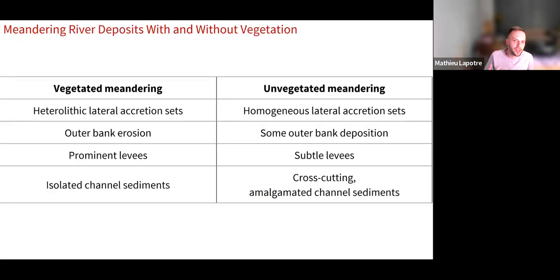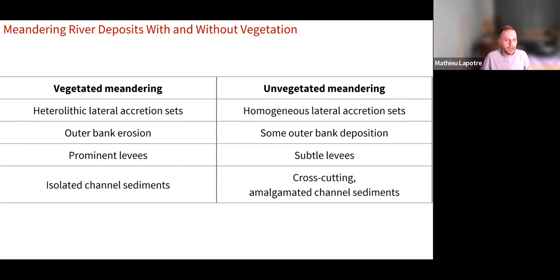So this table briefly summarizes important differences that we found between the deposits of vegetated versus unvegetated meandering rivers, some of which I didn't touch on as much, such as homogeneous lateral accretion sets made of well-mixed, poorly sorted mud and sand, some outer bank deposition, the DA element in the trench, subtle levees.